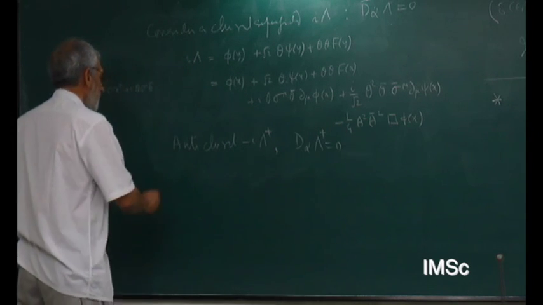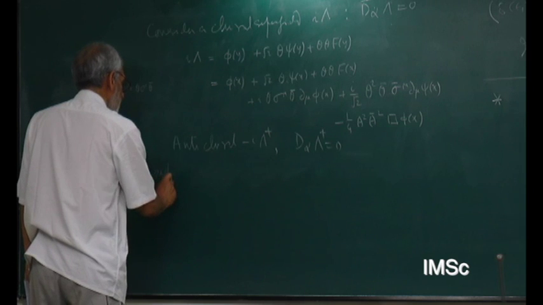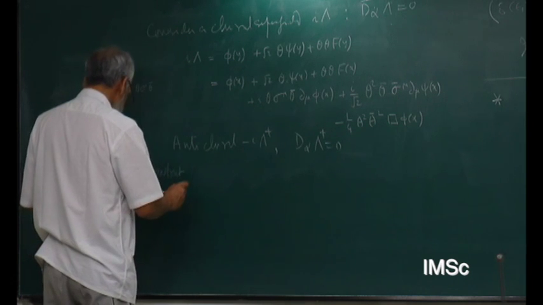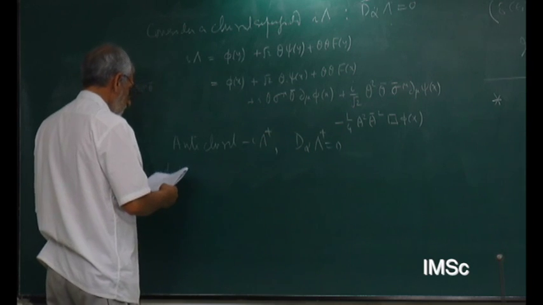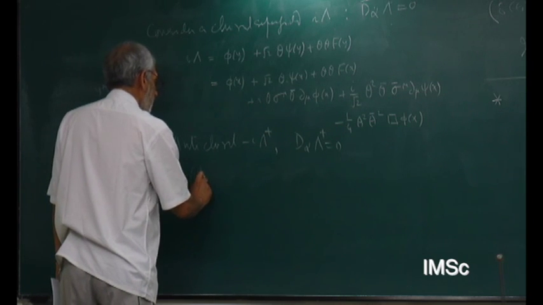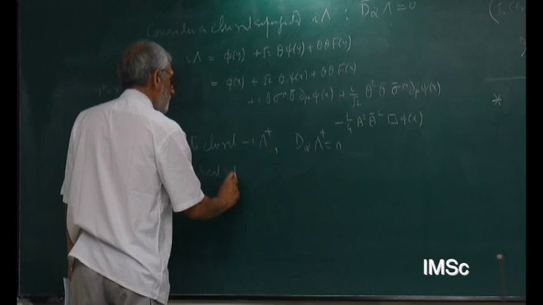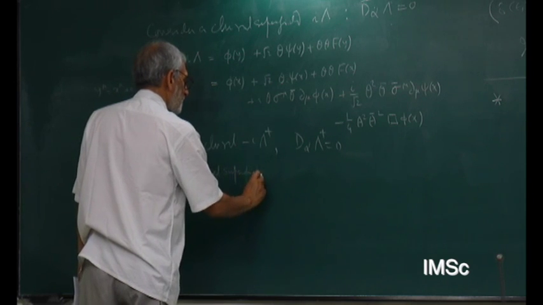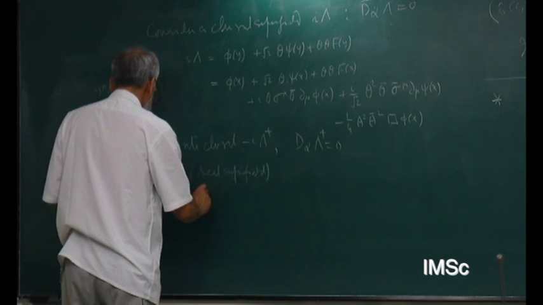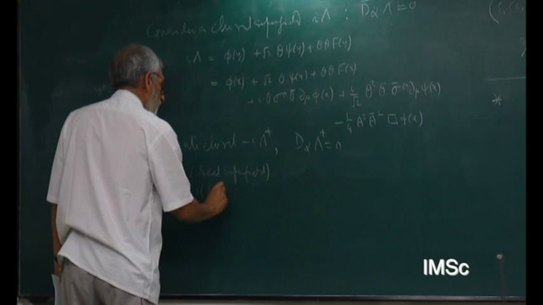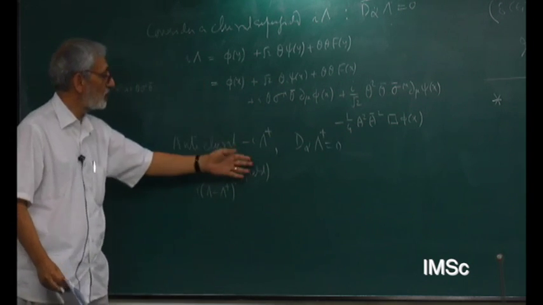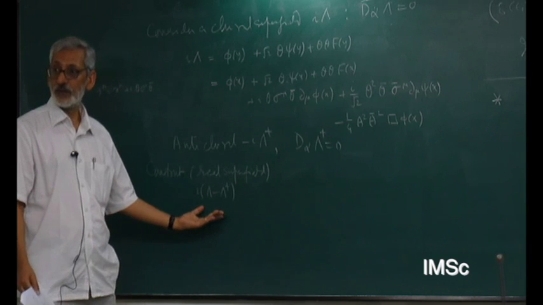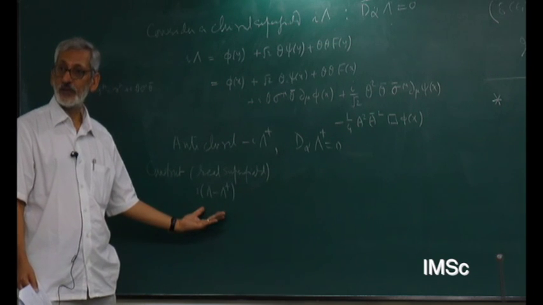Then add these two up and construct a superfield. It's in fact a real superfield, i lambda minus lambda dagger, which is the sum of these two. This is the conjugate of that, so this is a self-conjugate, real superfield.